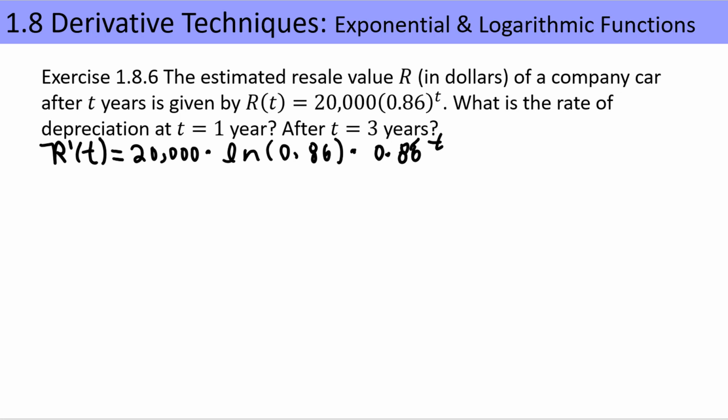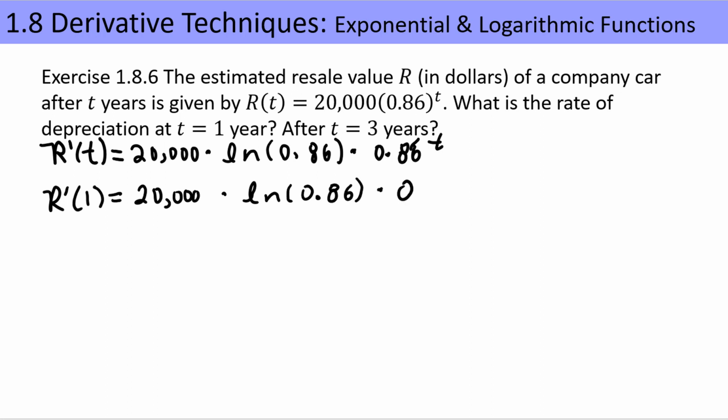Now we need to compute this at t equals 1. So, using your calculator, compute r prime at 1, which would be 20,000 times the natural log of 0.86 times 0.86 to the power of 1.